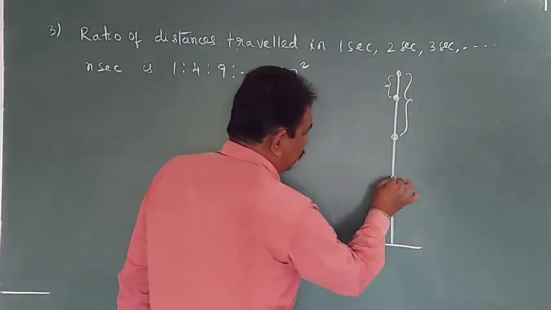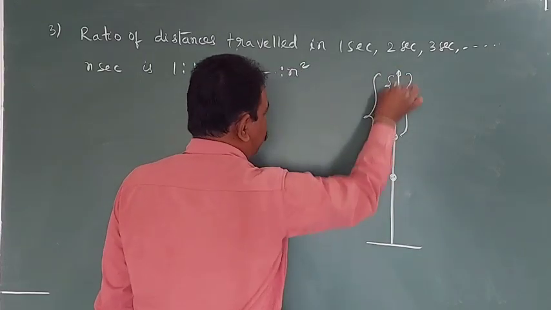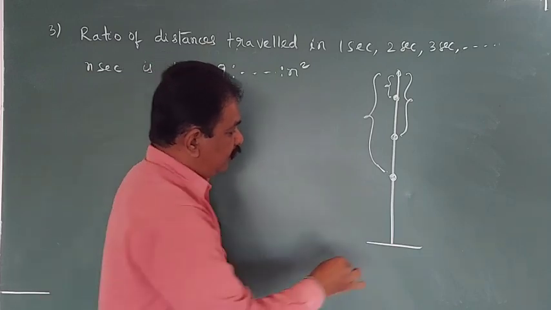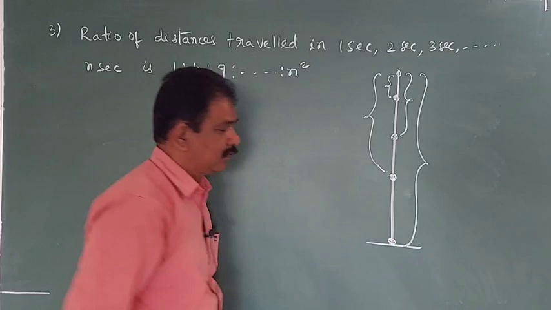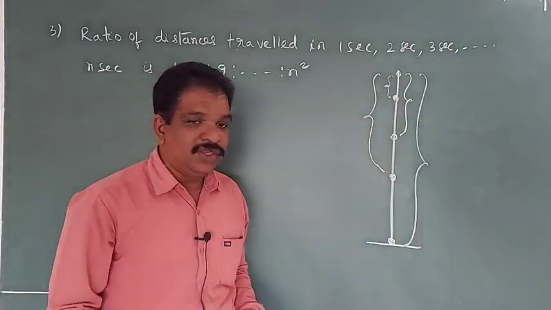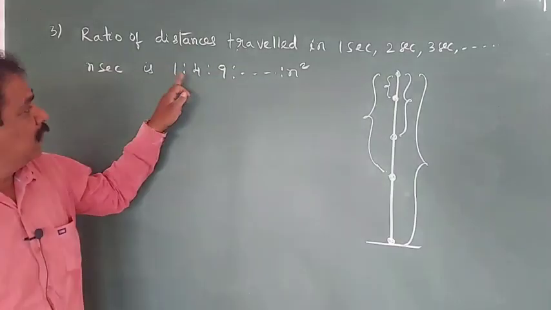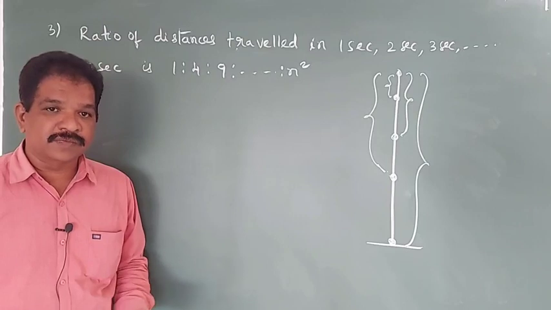In 3 seconds, it came here, for example. In total 3 seconds, it came from here to here. 4 seconds, let it reach the ground. Okay? This ratio will be 1 is to 4 is to 9 and so on, n square.